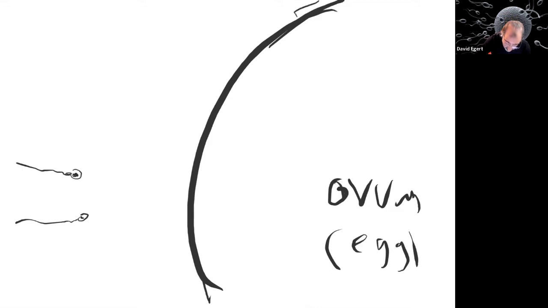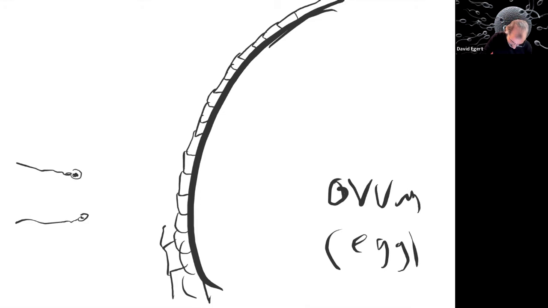It's surrounded by cells. Remember, I mentioned last time that the ovum is never by itself. It's always got these granulosa cells and stuff. Once the egg is ovulated, it still is surrounded by cells.